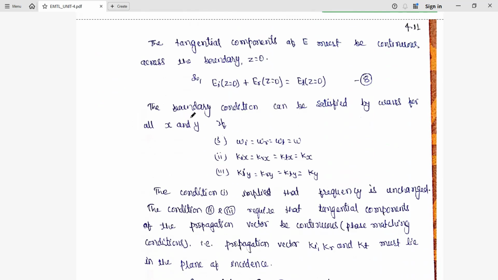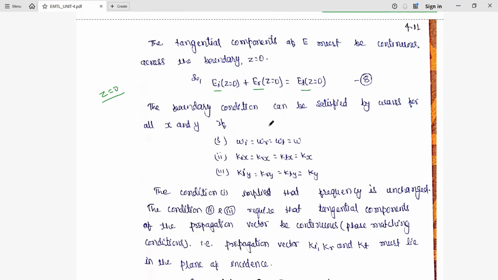So at the boundary, we have taken z equal to 0 as the interface. The tangential components in medium 1 are EI plus ER, and in medium 2 we have ET, at z equal to 0.